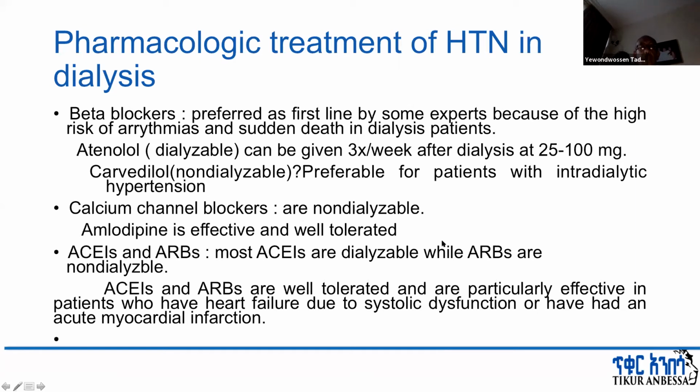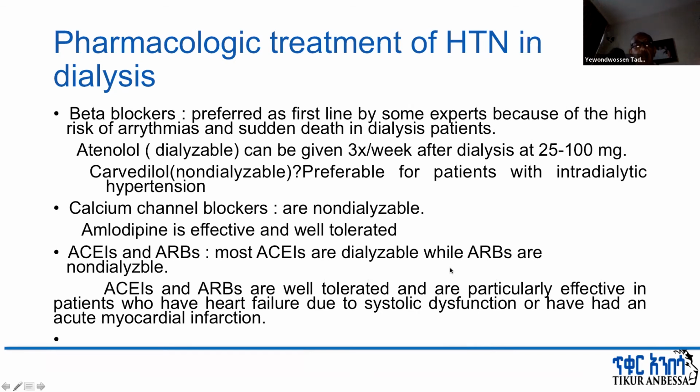ACE inhibitors and ARBs are agents that one would use in a significant proportion of patients on dialysis because of the comorbidities and the presence of compelling indications for their use, like patients who have heart failure with systolic dysfunction.